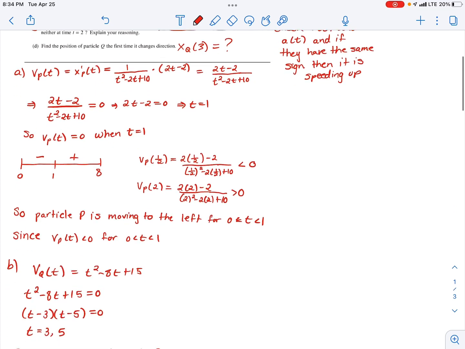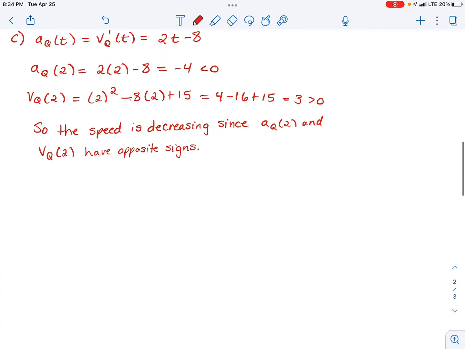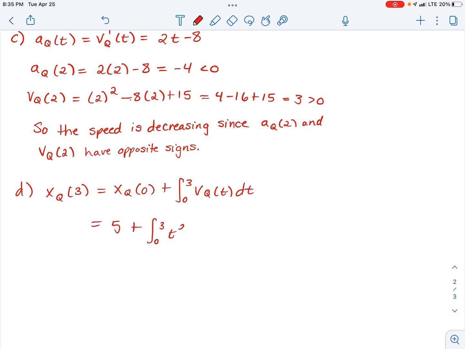So for D, to get x of 3, I'm going to do the initial plus the integral from 0 to 3 of the velocity function, because that's the derivative of the position function. So really it's just coming from FTC. And so this would give us 5 plus the integral from 0 to 3 of t squared minus 8t plus 15.